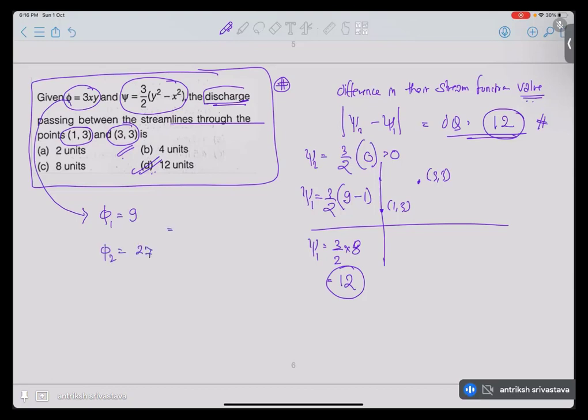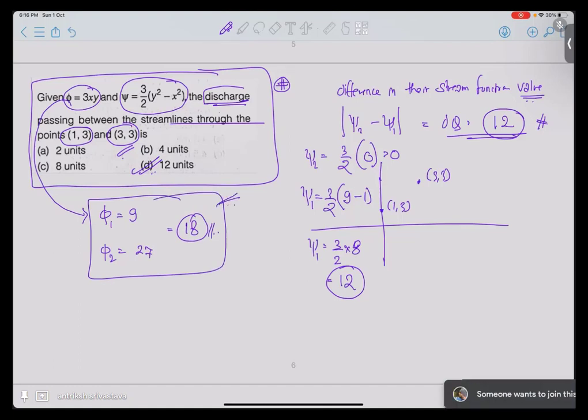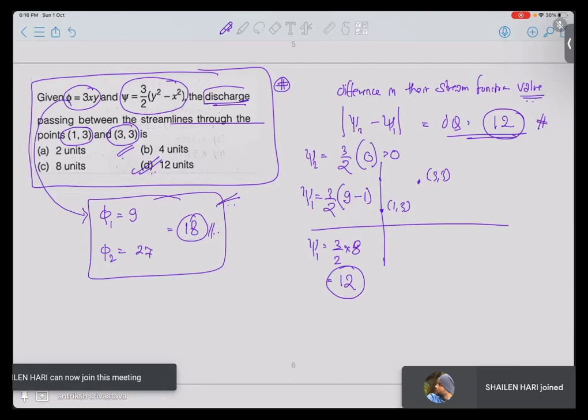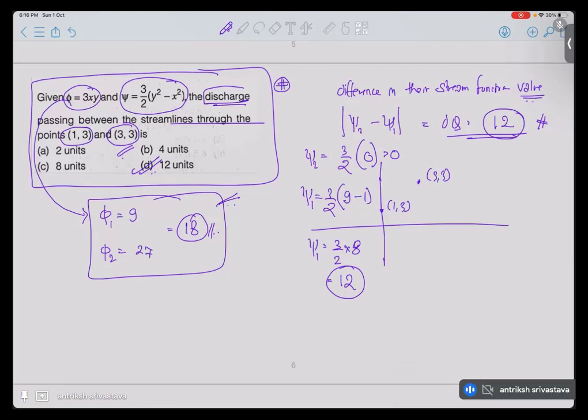So 9 minus 27, luckily in this case we are getting 18, which is not the answer, but they can modify this question in such a way that you can get an answer which is one of these options, and then you are stuck with this fear of which function should I use to calculate the discharge.